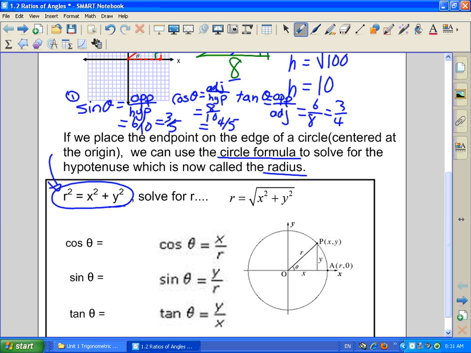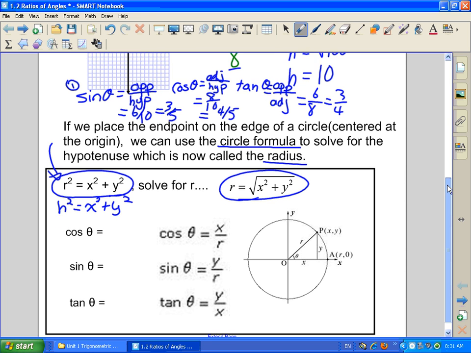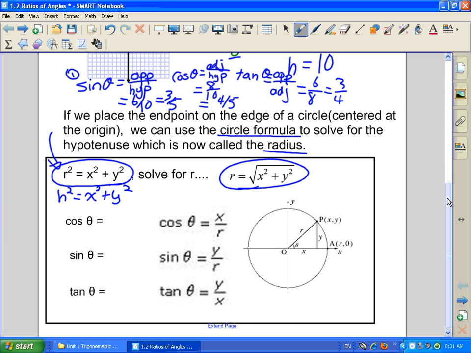It's based on the same thing. Instead of h squared equals x squared plus y squared, we're just going to say that the hypotenuse is the radius because it's the longest side, and we take the square root of both sides. So the radius equals the square root of the sum of both sides squared, all under the square root sign.